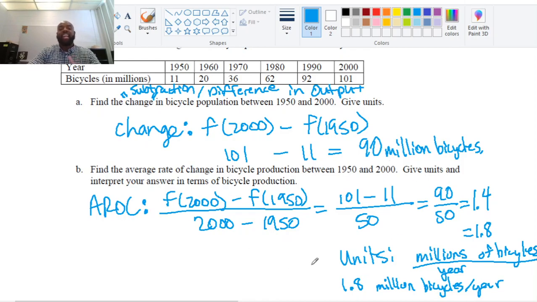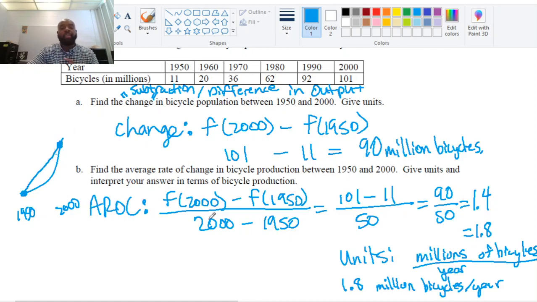Now, this is a nonlinear function, right? So it's a curve, right? And so this is basically saying what we've just found for 1950 to the year 2000, if we think about a picture, is this right here. So this may be the actual data on this curve right here, but what we found was an average rate of change.